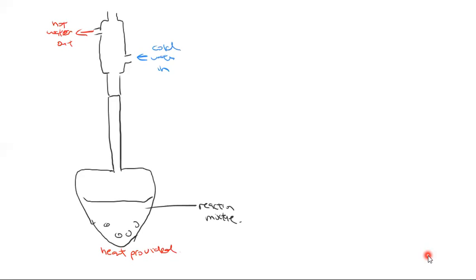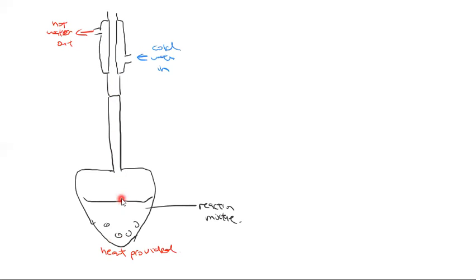Now, this reaction mixture obviously includes everything we said earlier. And the whole purpose of this condenser is, as you provide heat, these things being volatile, they will evaporate, and then they'll come here, pass through the condenser, condense and fall back down.